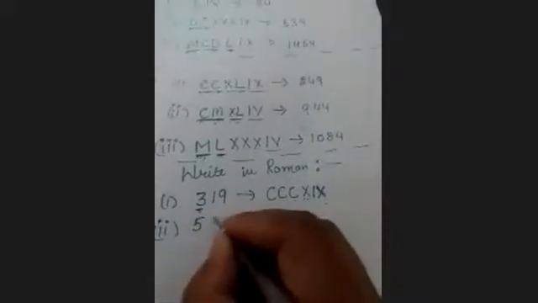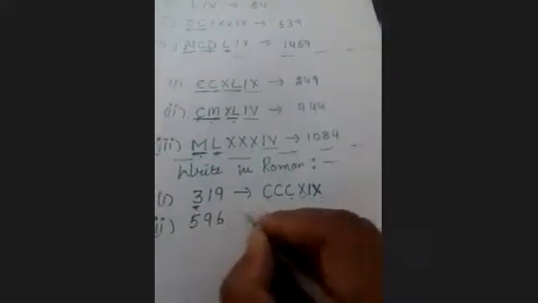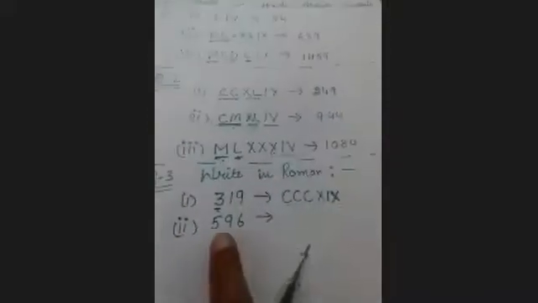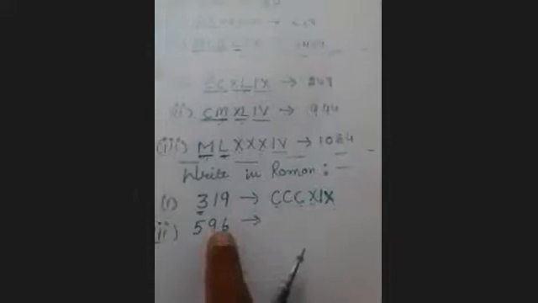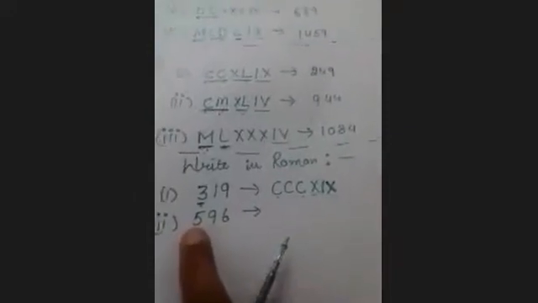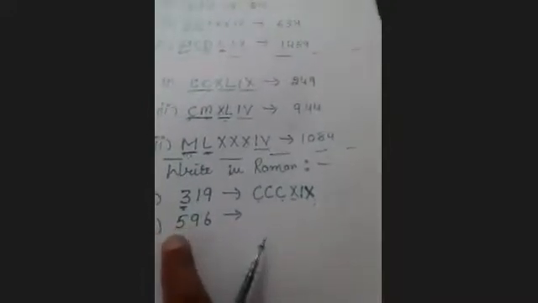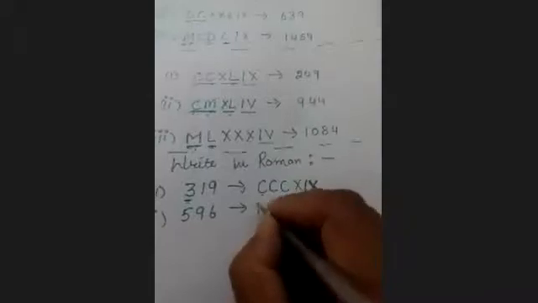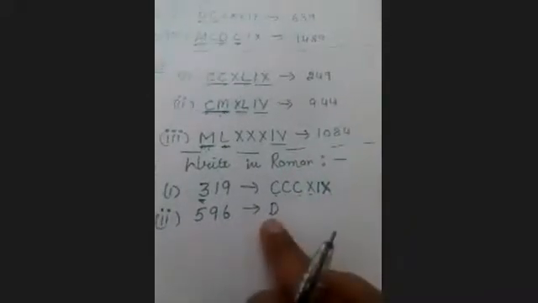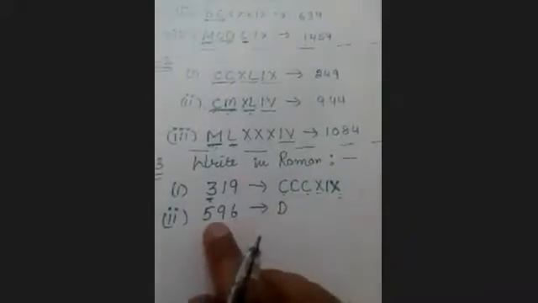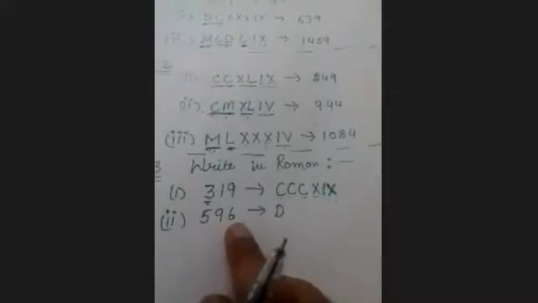Next is the second part: 596. Now write 596 in Roman numerals. First we write 500. For 500 we use the letter D. Now we write 96.